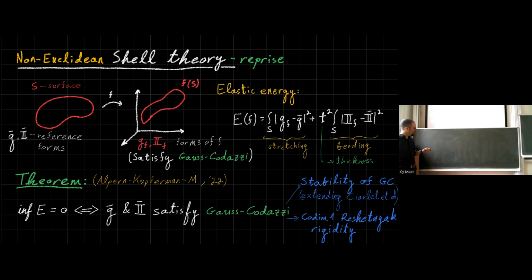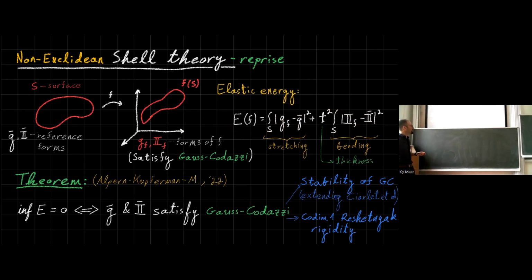So if you can approximately satisfy the system in this L2 way to any order, you can make this as small as possible, then you can actually solve the system. Okay, so this is one way.